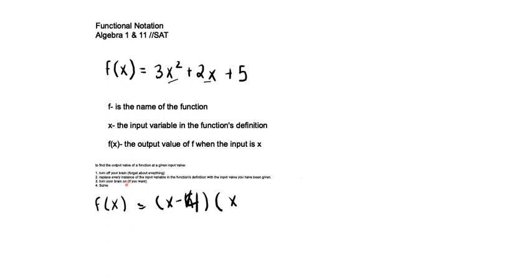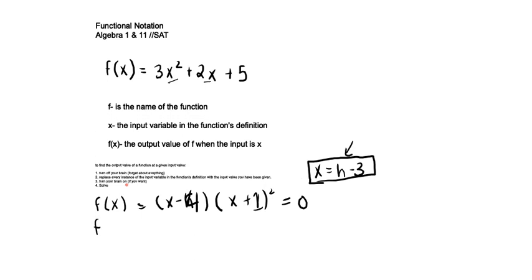In this question, it tells us that x is equal to h minus 3. Let's use this technique. We forget about everything, then replace every instance of the input variable in the function's definition with the input you have been given. Our input is h minus 3, so let's plug it in.